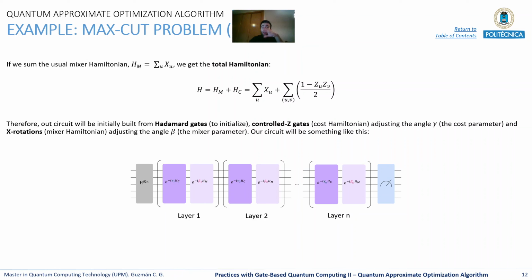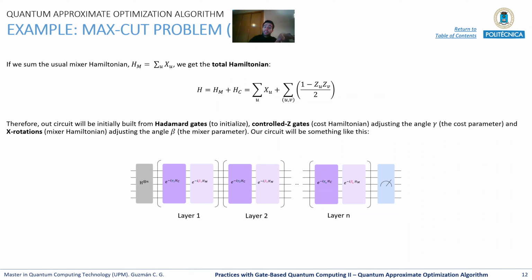We will have controlled Z gates because we have that multiplication of Z matrices, that is kind of a controlled Z gate, right? And we will have X rotations because we have the X matrix there.